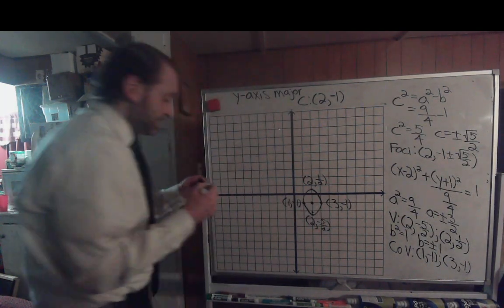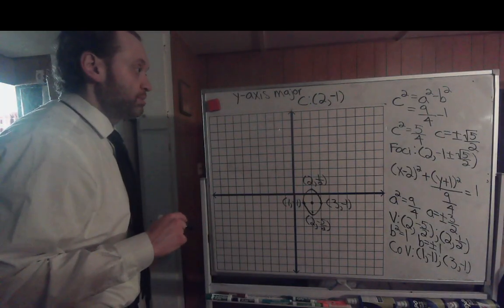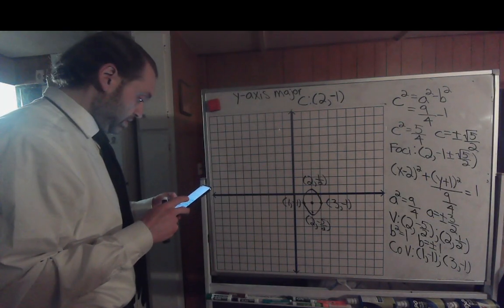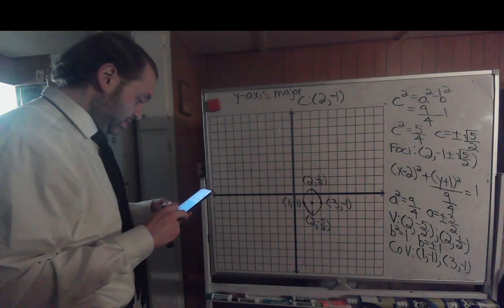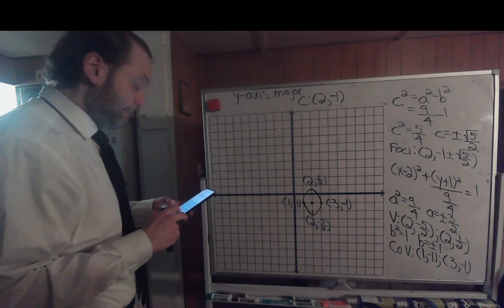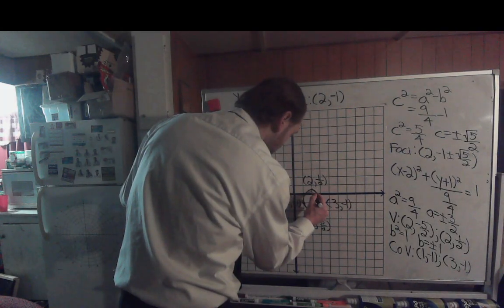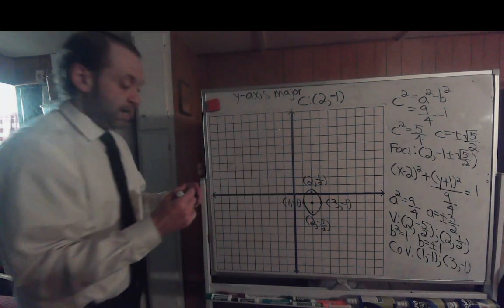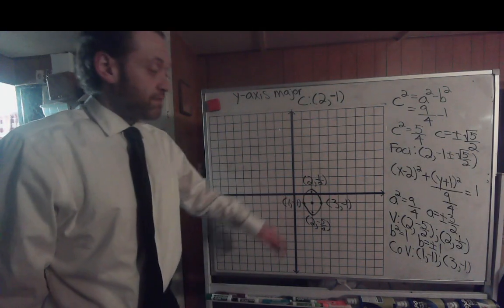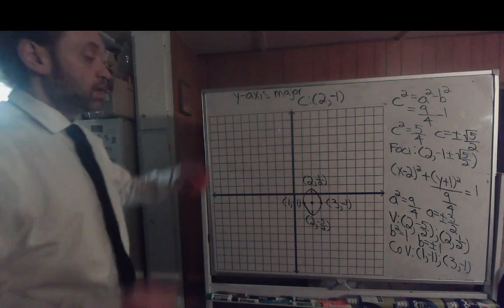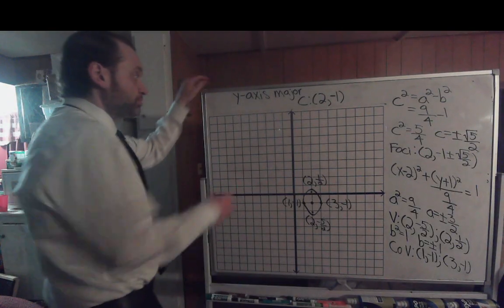Now let's see where my second focus is going to be. Be about 0.12, which would also be about right here. So there's my foci, and then there is the graph of my ellipse right here. All right. So I think we get that.